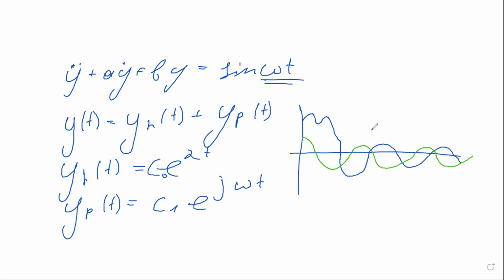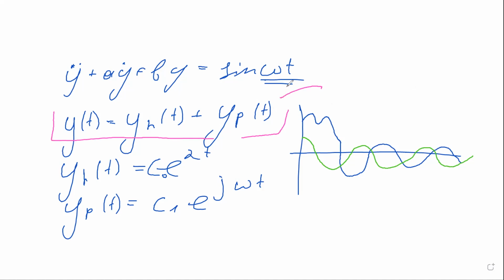Okay, what does it lead us to? Well, what it leads us to is that if we look at this equation here, what we see is it has two parts.